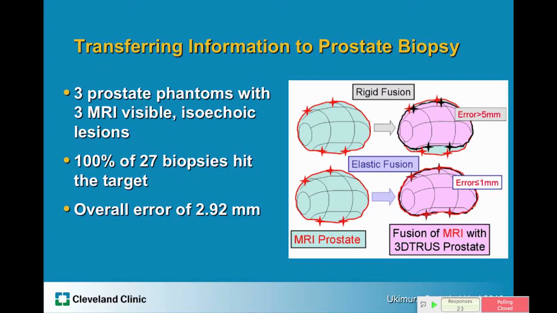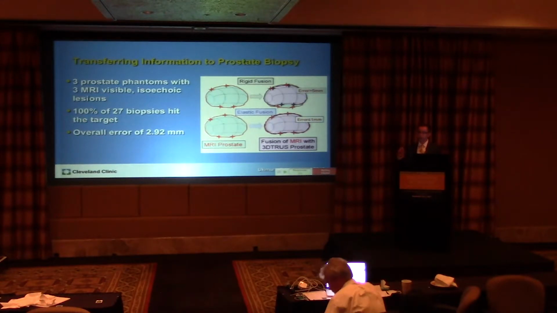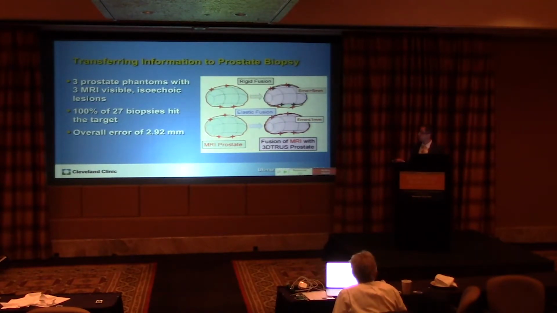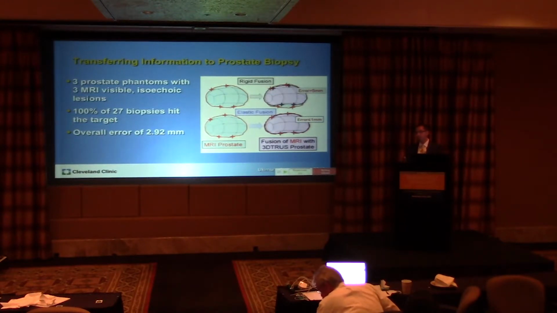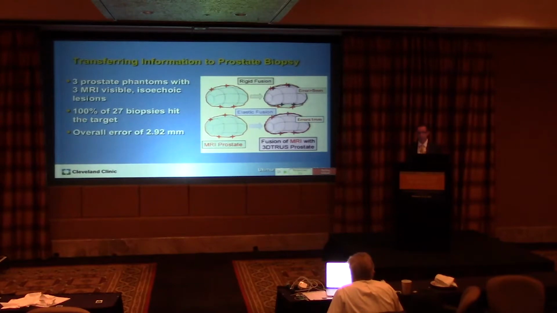And using elastic fusion, that takes into account the deformation of the prostate at the time of ultrasound due to the probe or other factors, they were able to hit the biopsy 100% of the time, and they estimated that the error rate was only 2.92 millimeters overall. And if you compared rigid fusion, which doesn't take into account that deformation, the error rate was quite high at 5 millimeters, but with elastic fusion, that decreased it to less than 1 millimeter. That being said, these were prostate phantoms, not patients that were in the office moving, and so the actual error rate is probably significantly higher than that in clinical practice.